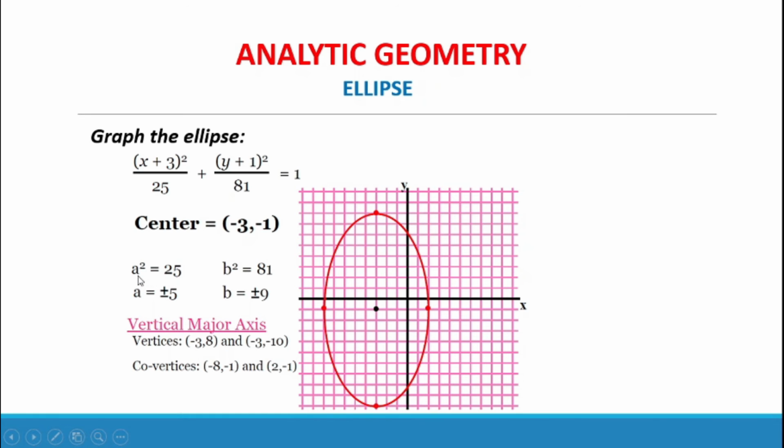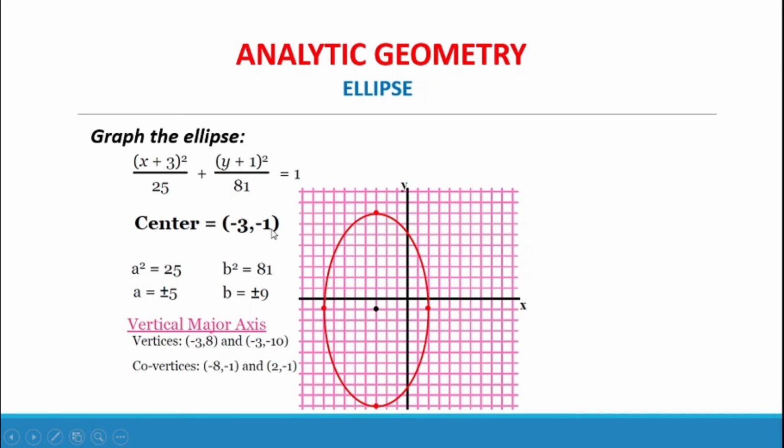The square root of 25 is plus or minus 5 for a, and the square root of 81 is plus or minus 9, and it is equal to b. For the vertical major axis, the vertices are negative 3 for x and positive 8.